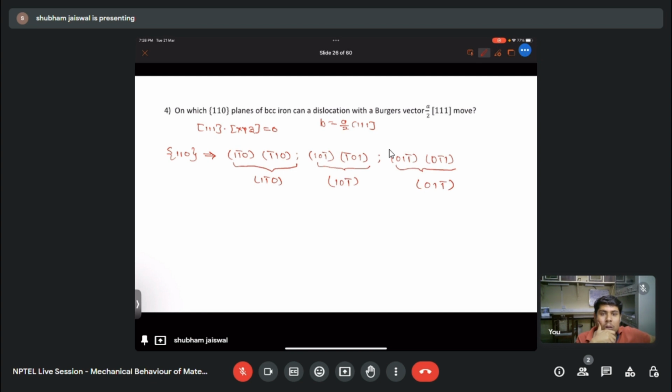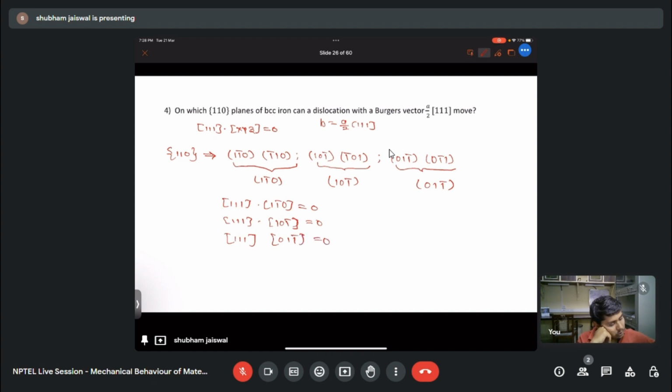So if you put them in, you'll get 0 for all these planes. Is it not? So [111] dot [1 1bar 0] equals 0, [111] dot [1 0 1bar] equals 0, and [111] dot [0 1 1bar] equals 0.